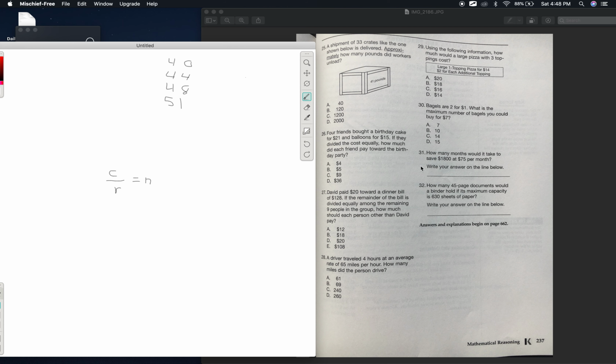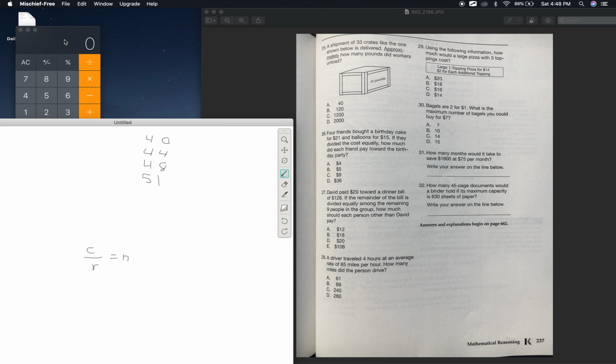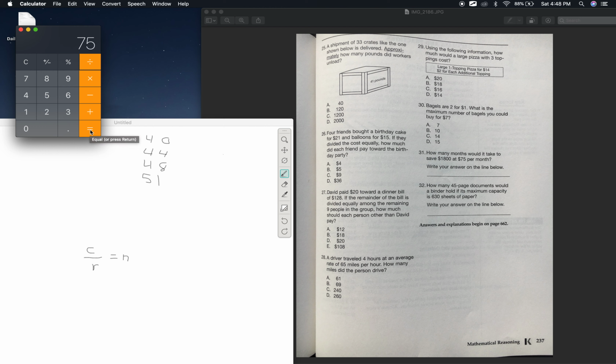Okay, so we go 1,800, which is the total cost, divided by 75, which is the price per unit, equals 24. So it would take us 24 months to save $1,800 if we were saving $75 per month.